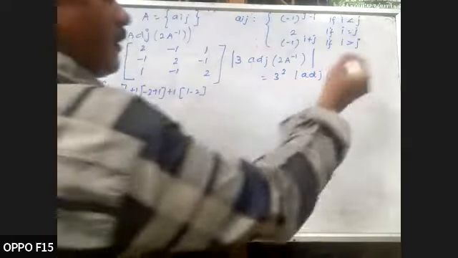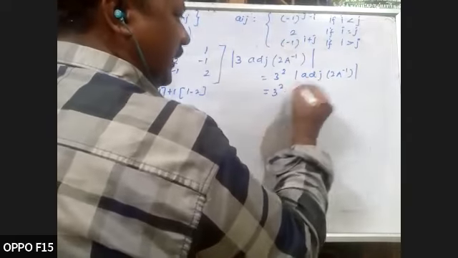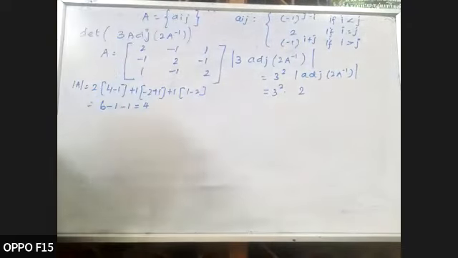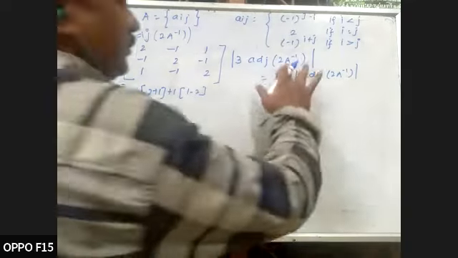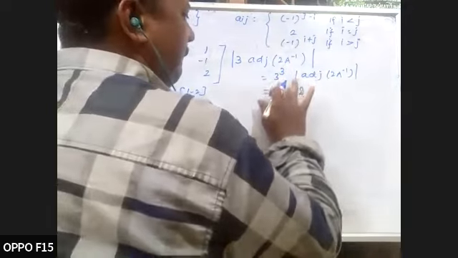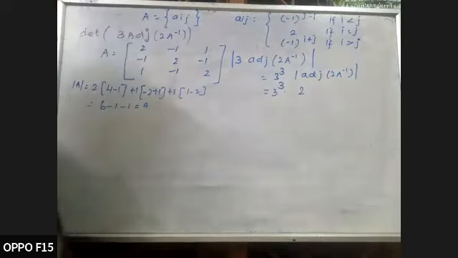Now determinant of adjoint of kA gives 3 square into 2 power n minus 1, right? That becomes 3 power 3.